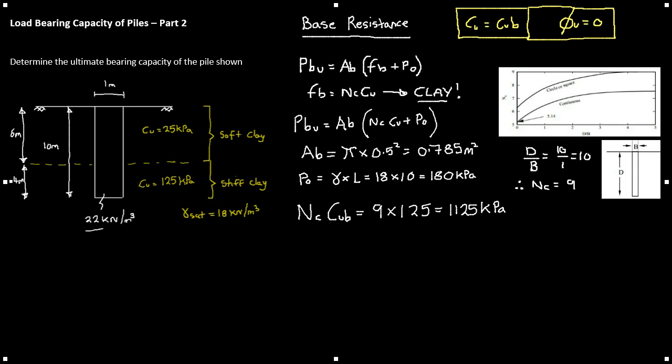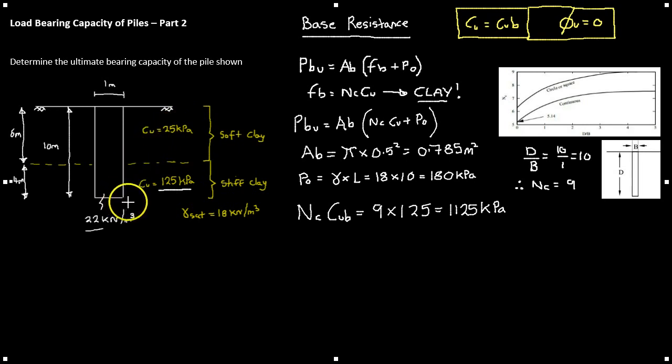Now CUB, as I said, is equal to the undrained shear strength in the soil at the base of the pile, and you can see here in this scenario that the soil at the base has a CU value of 125. We're not using the properties of the soft clay because the soft clay is not at the base of the pile, the stiff clay is.